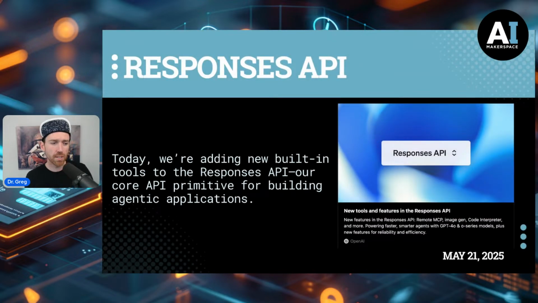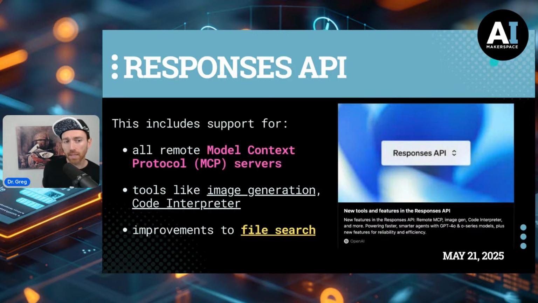In May of this year, they released some new built-in tools and features in the Responses API, our core API primitive for building agentic applications, including all remote MCP servers, tools like image gen and code interpreter, and improvements to file search.